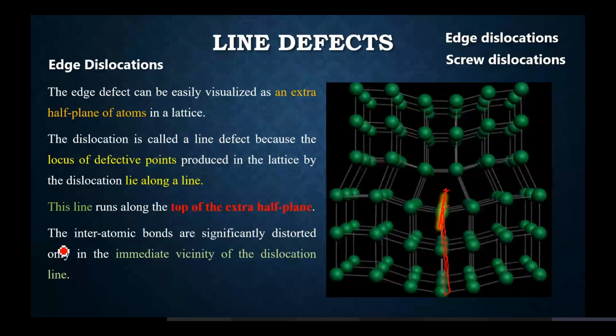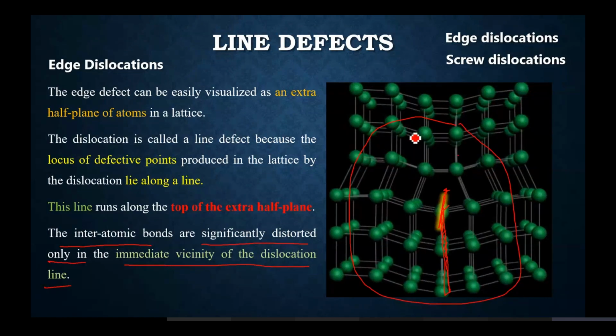The interatomic bonds are significantly distorted only in the immediate vicinity of the dislocation. So if you see these bonds over here, they are distorted. If you see over here, this bond is roughly the same, roughly the same, roughly the same.